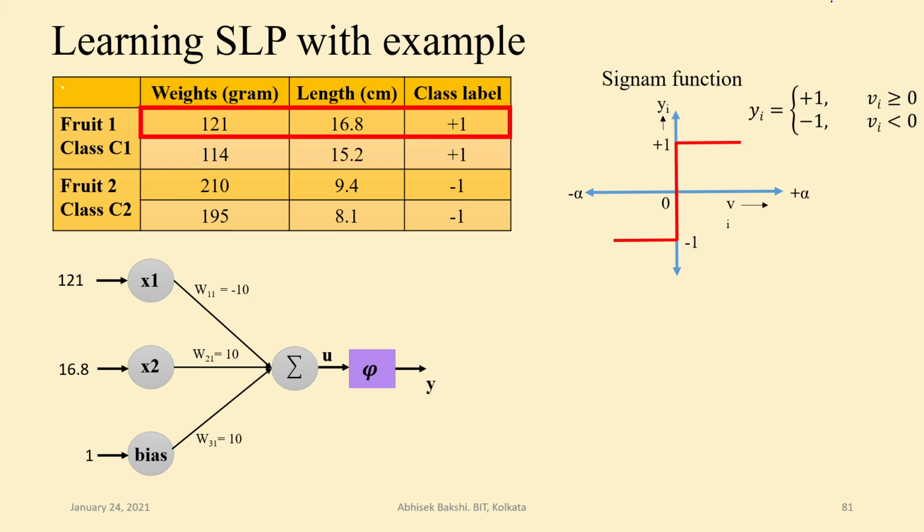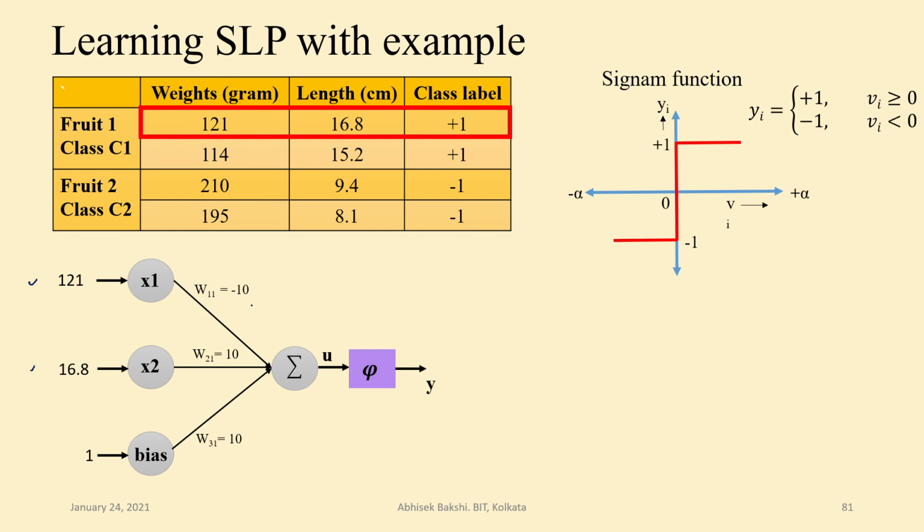So these two are the inputs: 121 and 16.8 are two inputs to the neurons x1 and x2, and these w11, w21 and w31 values are entirely arbitrary.